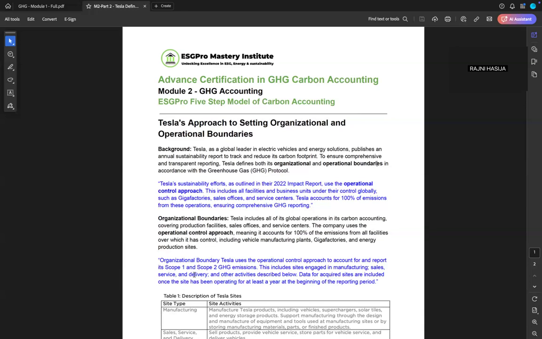They also considered the operational boundaries, where they focused on all three scopes. Scope 1 was emission from Tesla owned equipment and operations, and the company owned vehicles. Scope 2 was the emission from the purchase of electricity, steam, or heating.